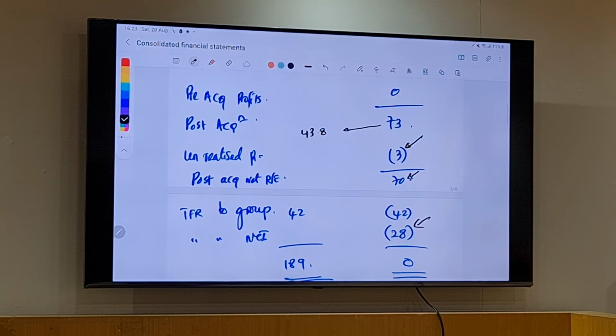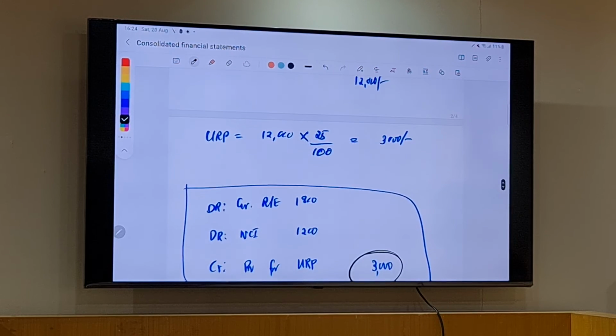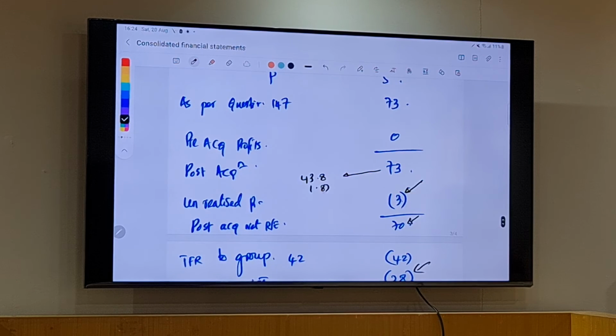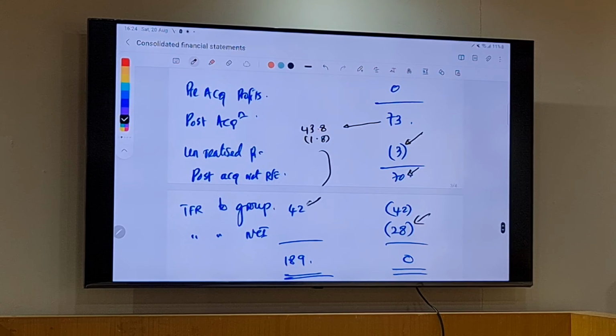And then I should subtract 60% of this, that is how much? 1.8. So if I subtract 1.8 from there, 42. So you could do it this way or that way, but the best recommended method is what I have done.